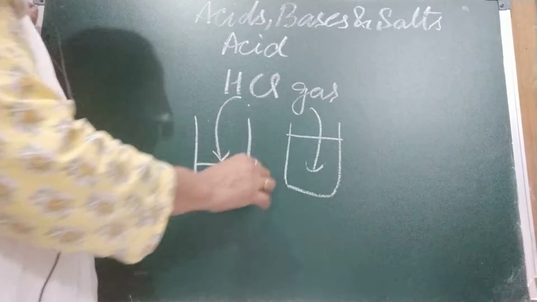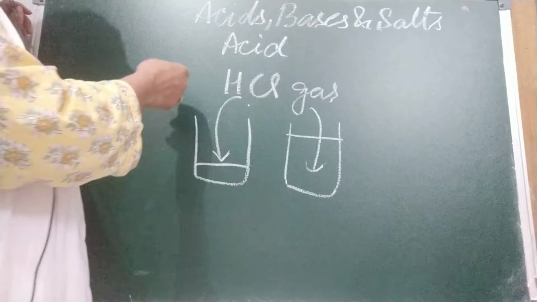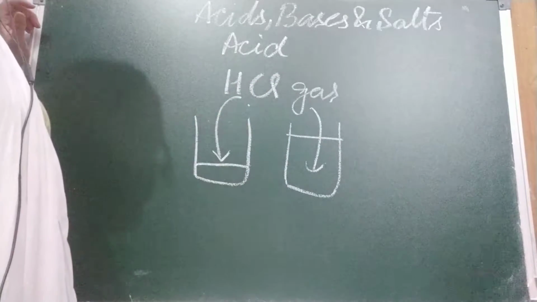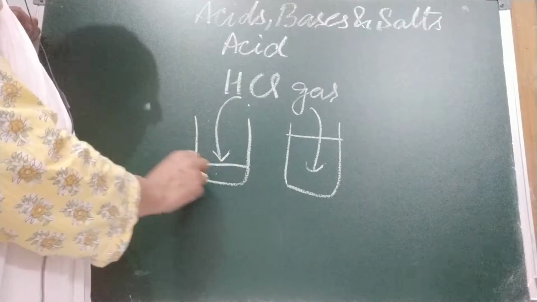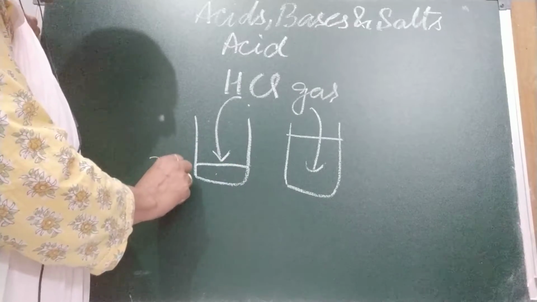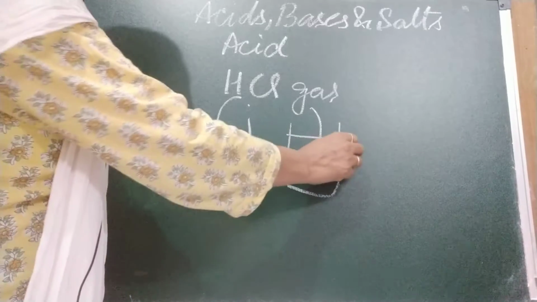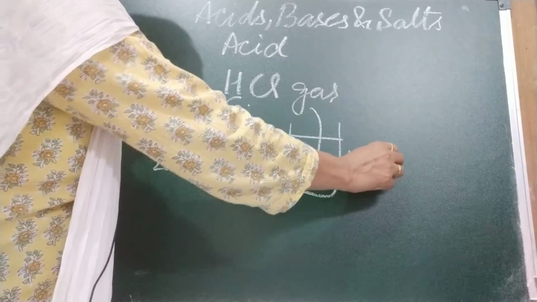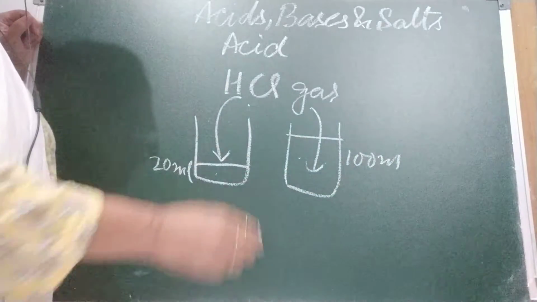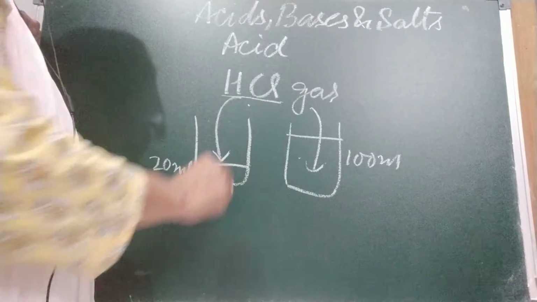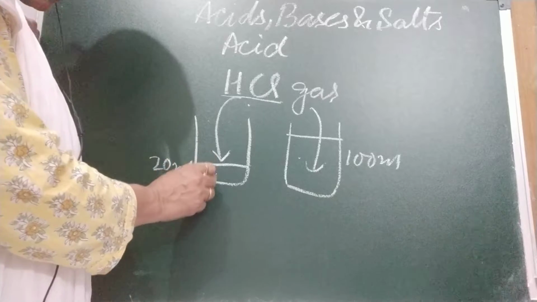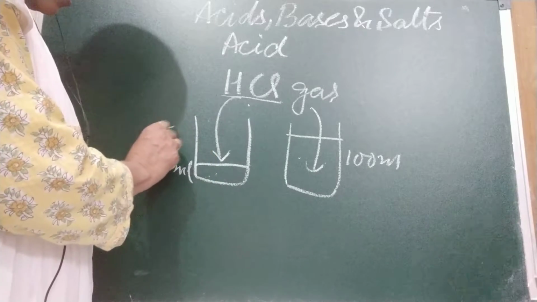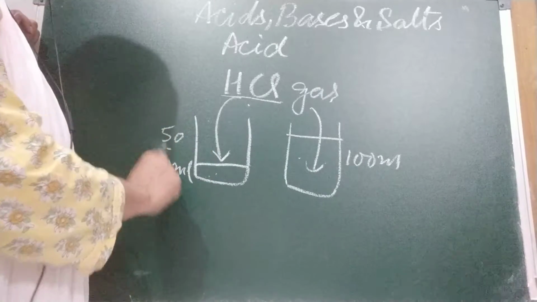Suppose I have taken 50 ml gas in 20 ml water, and 50 ml gas in 100 ml water. So in which is the concentration of hydrogen chloride gas more?